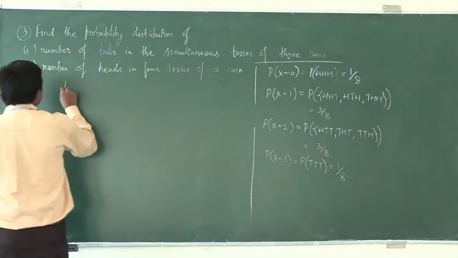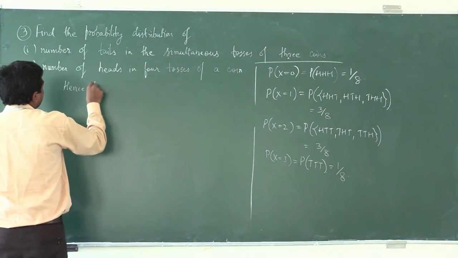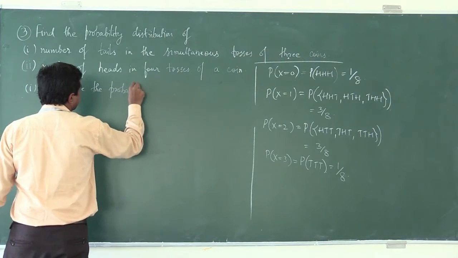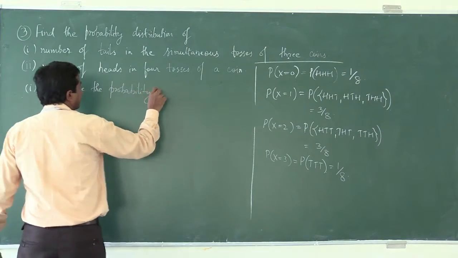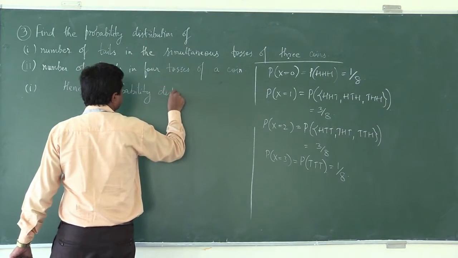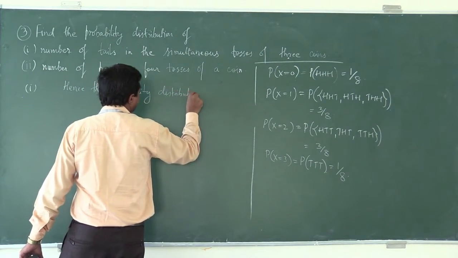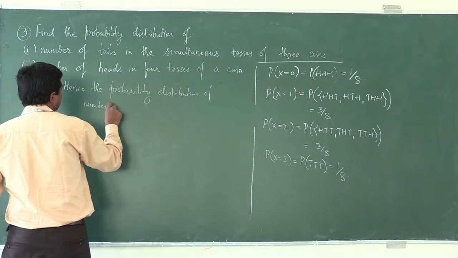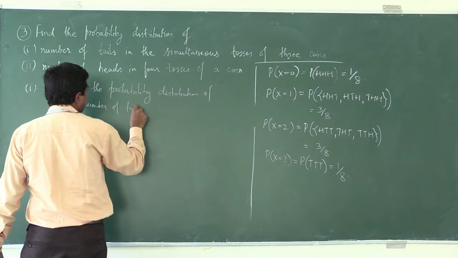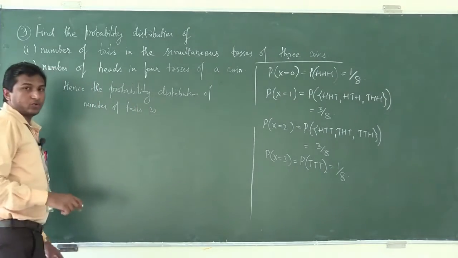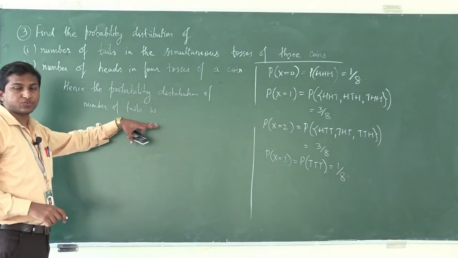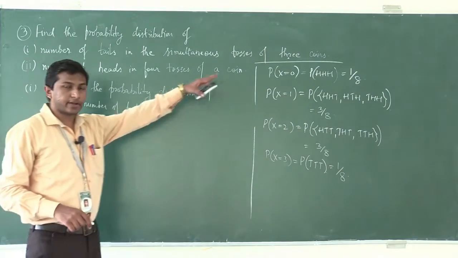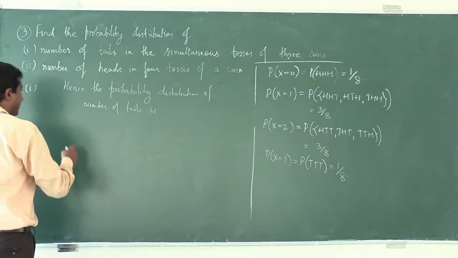So hence the probability distribution of number of tails is, what do we do? We write in the first row the different possible values of x. In the second row I write the corresponding probabilities.